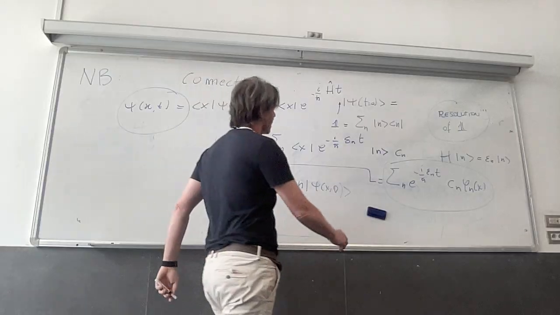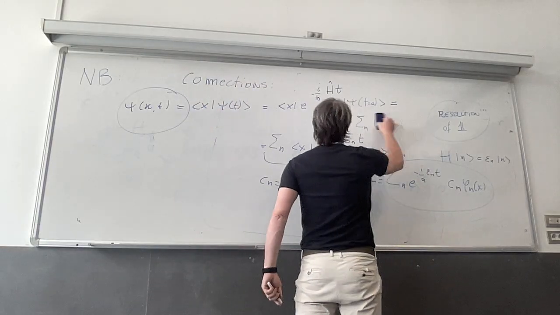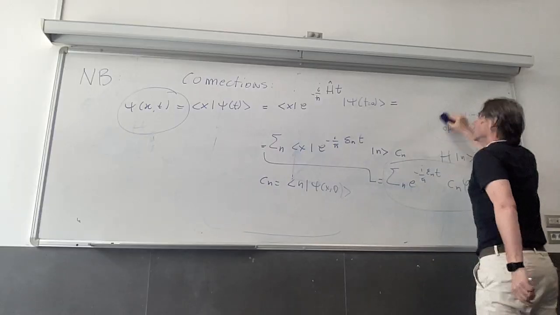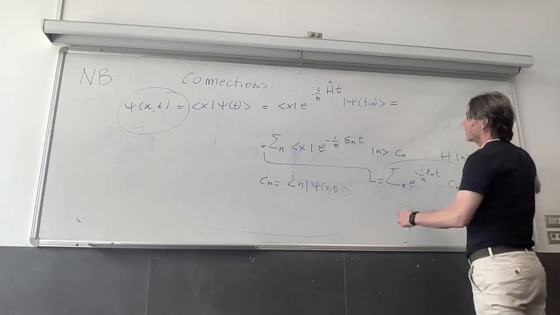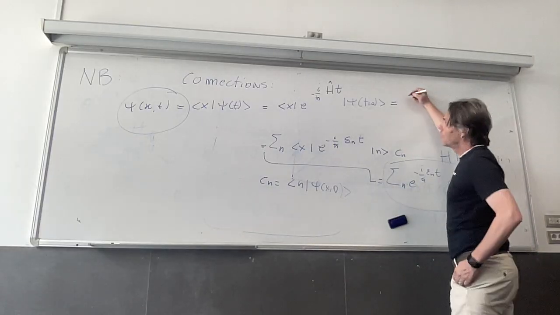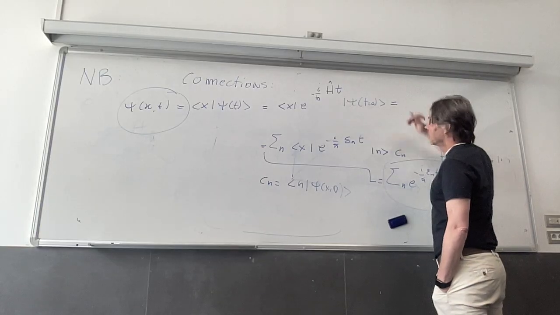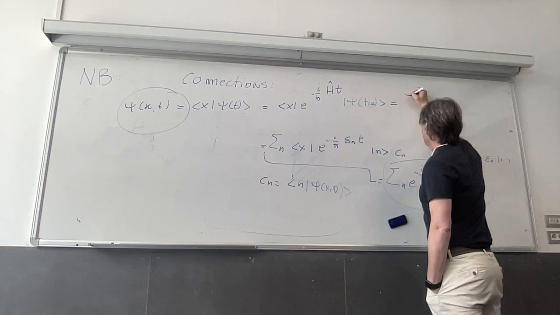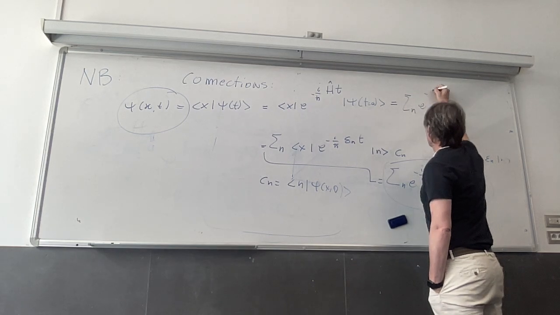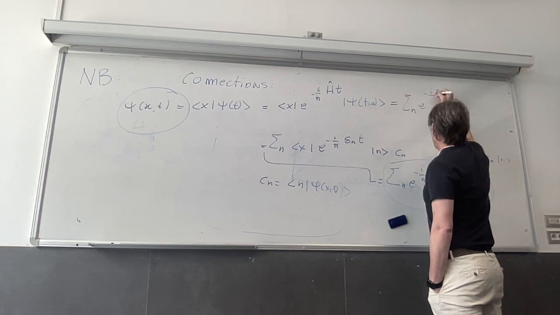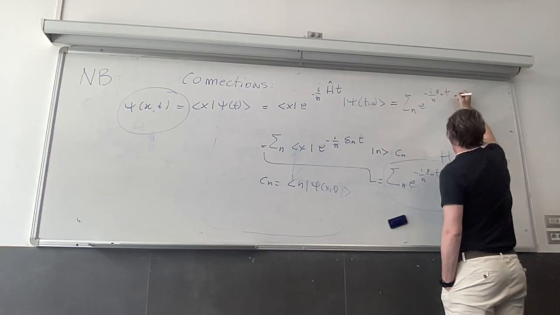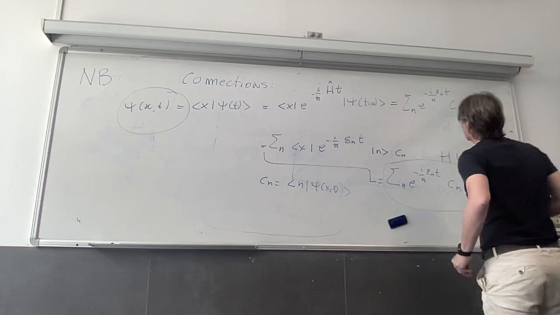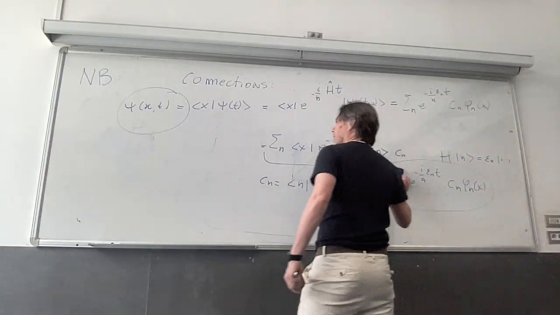Okay. So let me write the results that we just wrote here. Sum over n e to the negative i, oh, there's an h bar, there it is, and Cn, phi of n of x. Okay, I'm going to erase this.